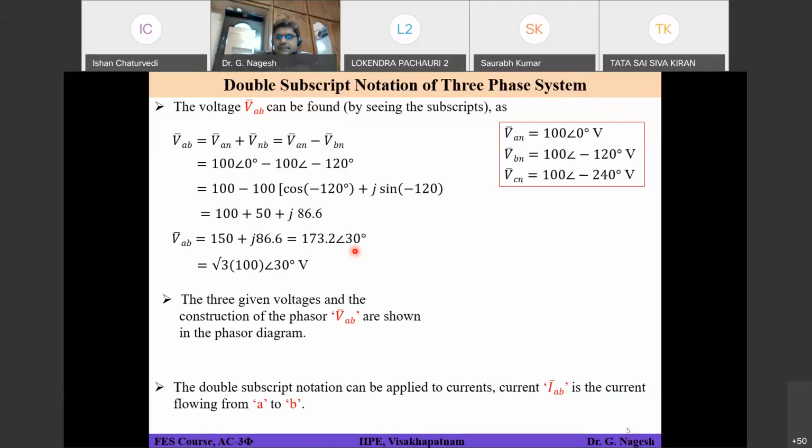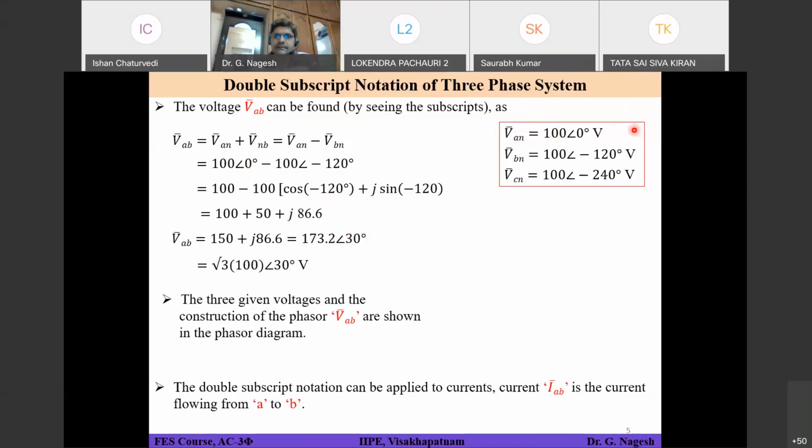Okay, so that means for a balanced system, if you are finding the voltage between any two phases, you are going to get a magnitude of 173.2 volts and a phase angle of 30 degrees. Remember that this 30 degrees is with respect to your VAN.